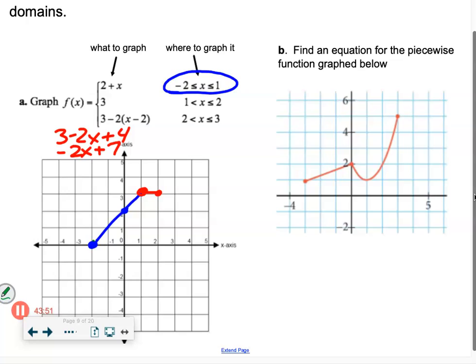If you don't know how to start it without the y-intercept, you can do this. If I plug in a 2, I get negative 4 plus 7, which is 3. So I know I'm starting at the point 2, 3. And then my slope is down 2 over 1, and I stop because it stops at 3.